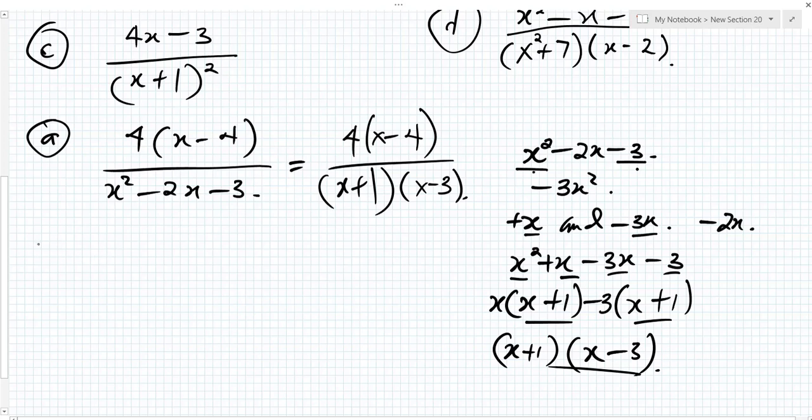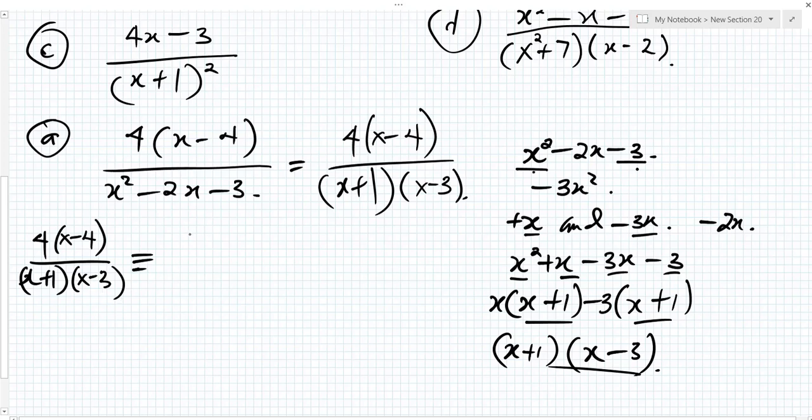Now that means you have 4 into x minus 4 all over x plus 1 times x minus 3. The factors on the denominator are linear factors.